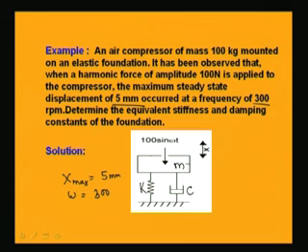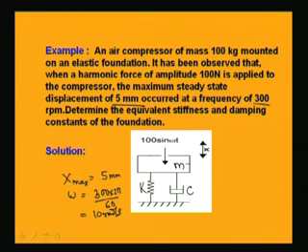This rpm I can convert to radian per second by multiplying by 2 pi by 60. So, this becomes 10 pi radian per second.